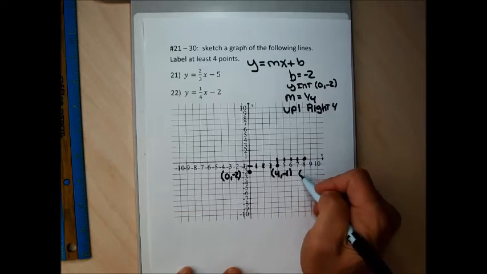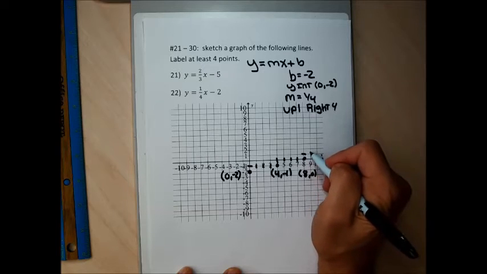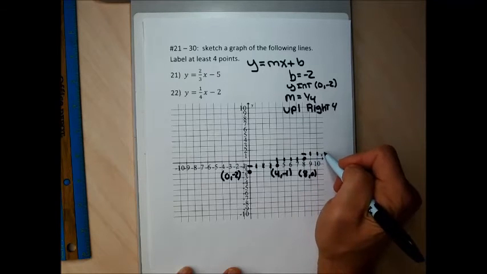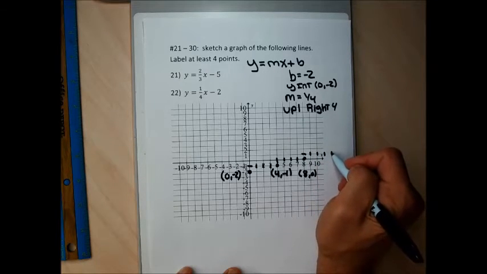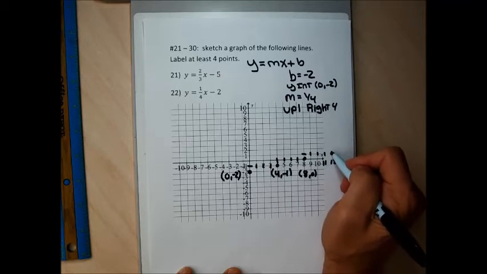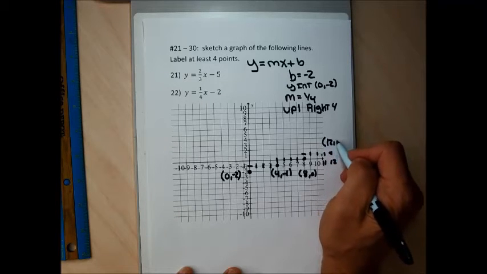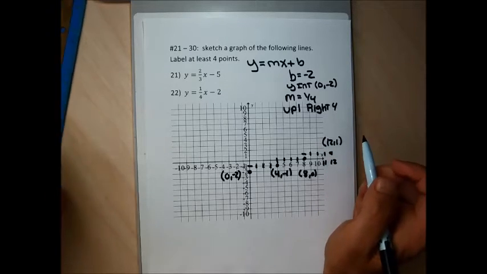That takes me to the point 8, 0. And then go up 1, right 1, 2, 3, 4. That took me past the 10 to an 11 and then a 12. And my next point is the point 12, 1.